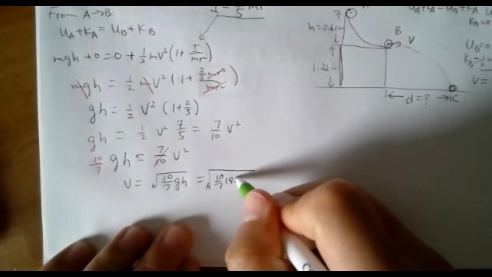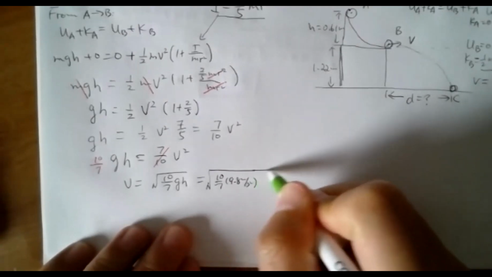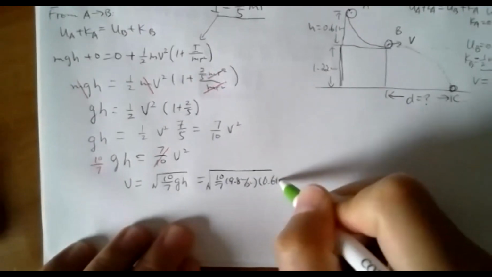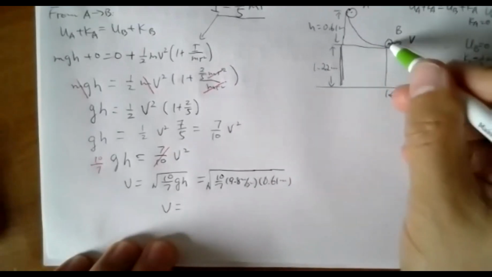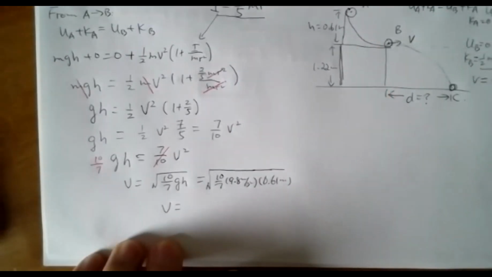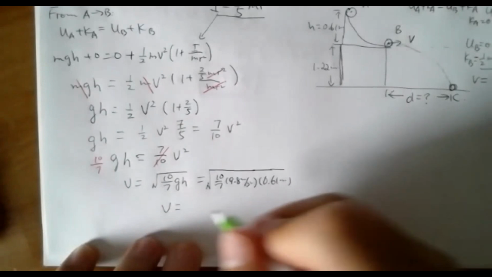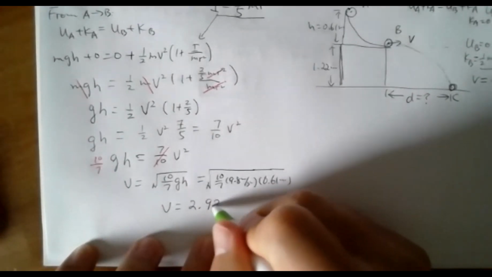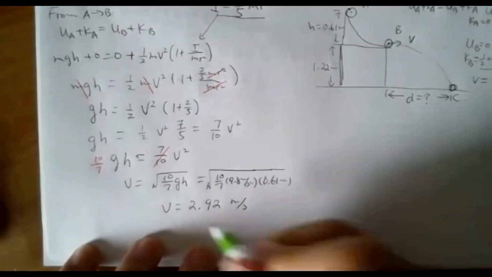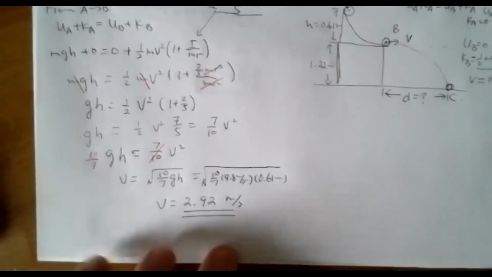So 10/7 times 9.8 meters per second squared times 0.61 meters. So v at the bottom here will be equal to roughly 2.92 meters per second. All right.